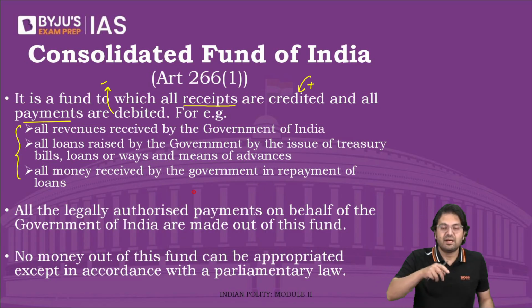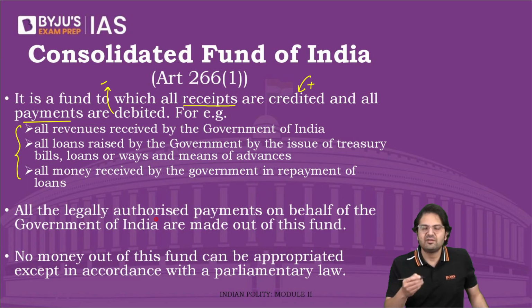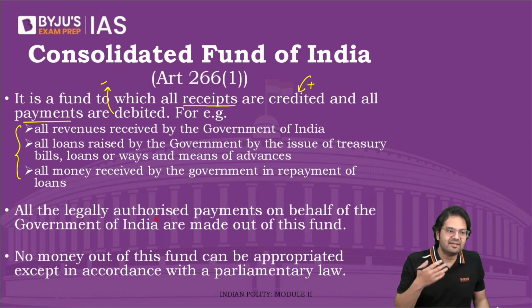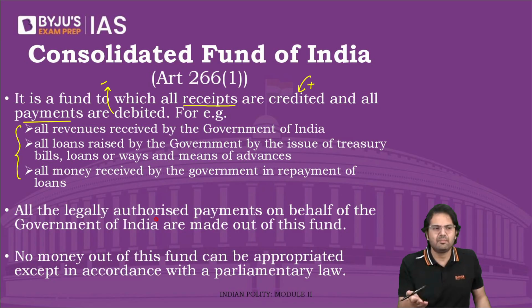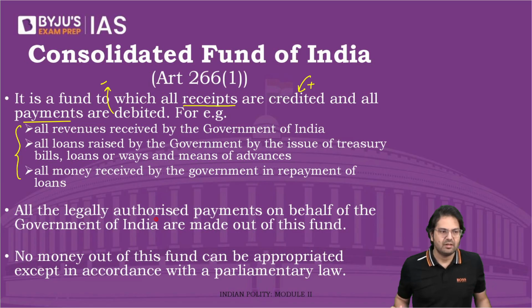And from this account only are all the legally authorized payments made. So when the government spends money on schemes, programs, giving salaries to the President, PM, IAS officers, everything, they are taking this money out from CFI only. Budget from CFI only. Clear? It's the major account of the government. So we have the CFI for the center and CFS for the states.